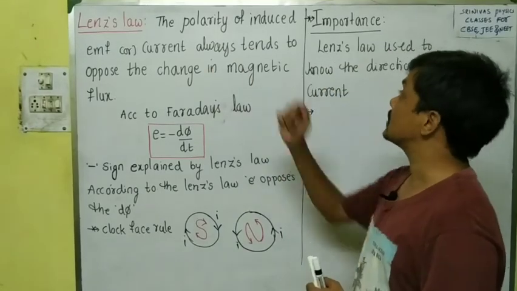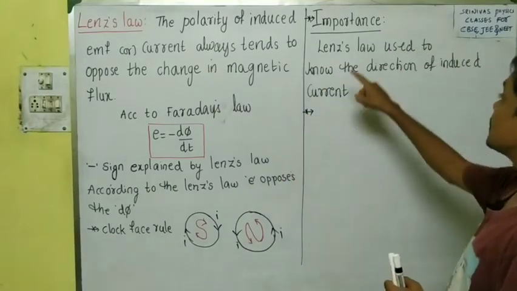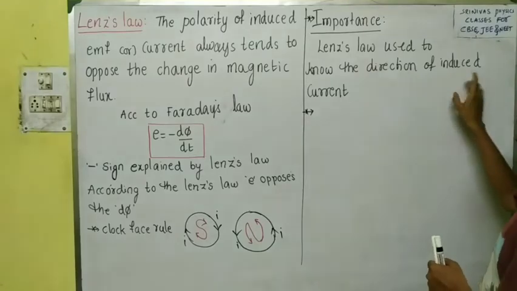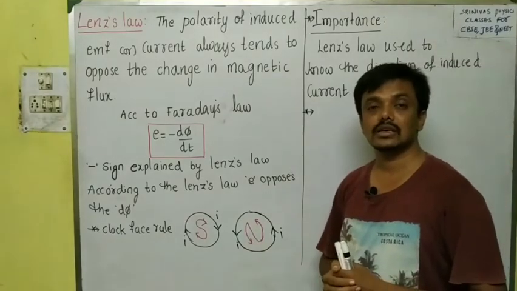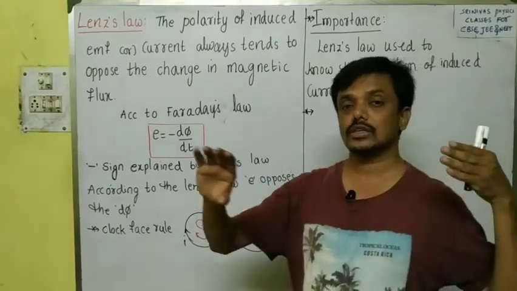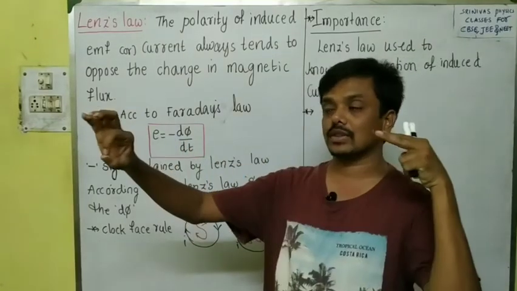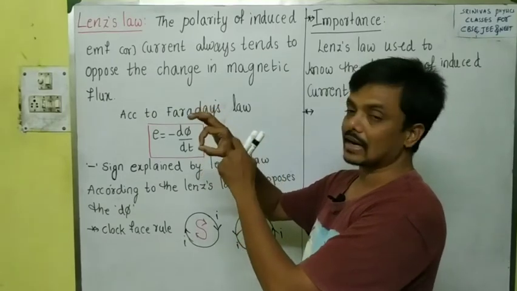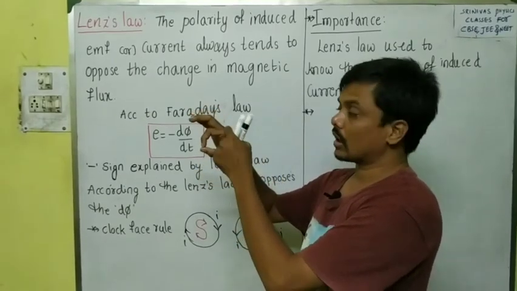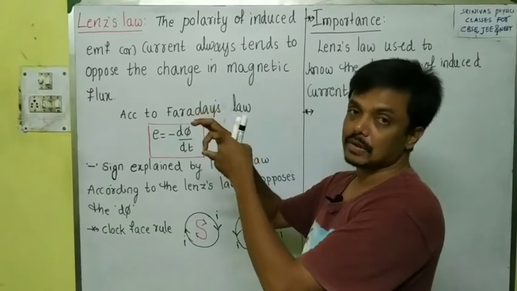Let us see the importance of Lenz's law. Lenz's law is used to know the direction of induced current when current is induced, that is, when you change the magnetic flux linked with a loop. For example, consider a ring or current carrying wire in the shape of a circle.